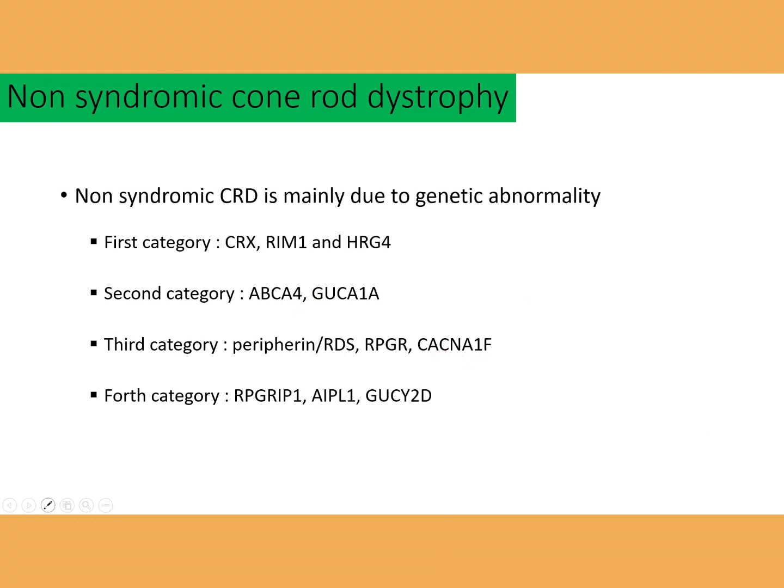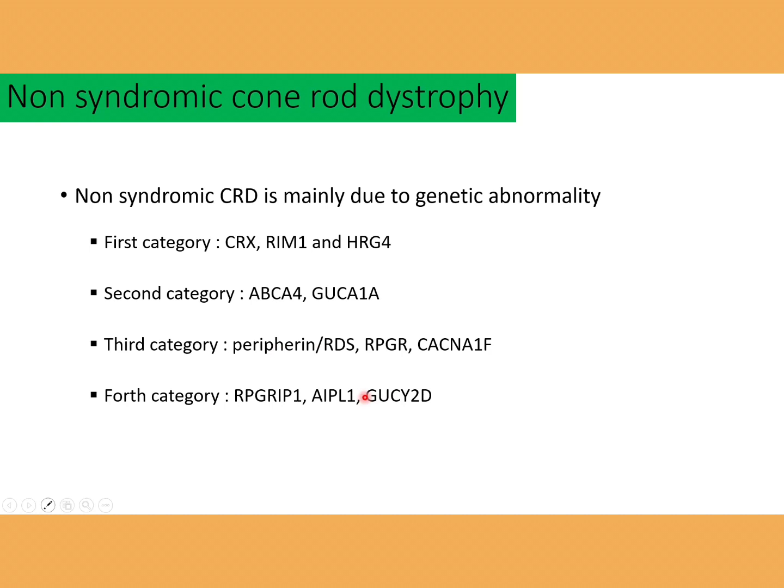If I talk about the third category, it includes peripherin RDS. This gene causes autosomal dominant retinitis pigmentosa as well as autosomal dominant cone rod dystrophy. The other gene for cone rod dystrophy is RPGR, and CRD caused by RPGR is very severe and diagnosed early in life. In the fourth category, there are RPGRIP1 and AIPL1.